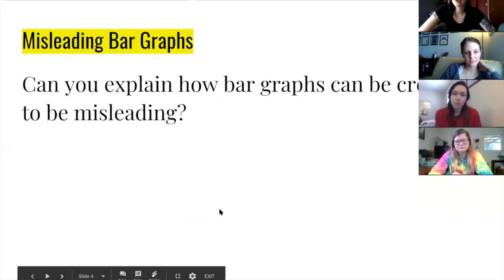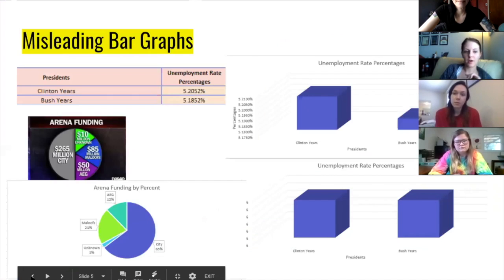Allison, can you explain how bar graphs can be created to be misleading? Sure. So in creating a bar graph, if the y-axis doesn't start at 0, the information can become misleading that way.